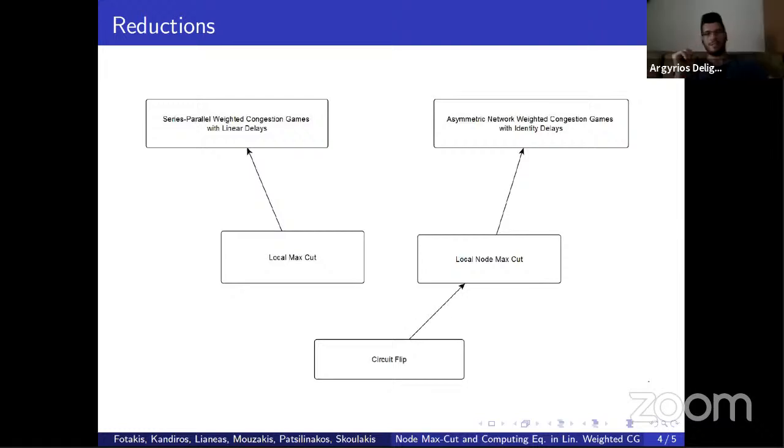Can I ask, how strange are the weights in the reduction? They're exponentially different, just like the reduction to local max cut. What do you mean, strange? No, it's not a criticism, it's just to understand the reduction.